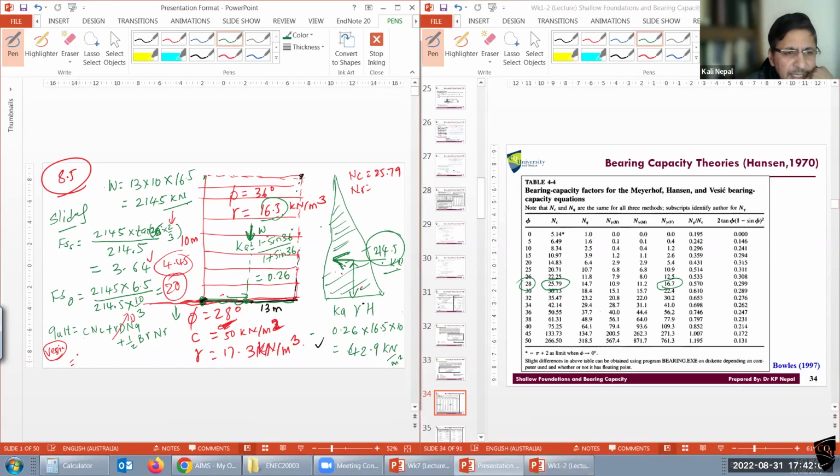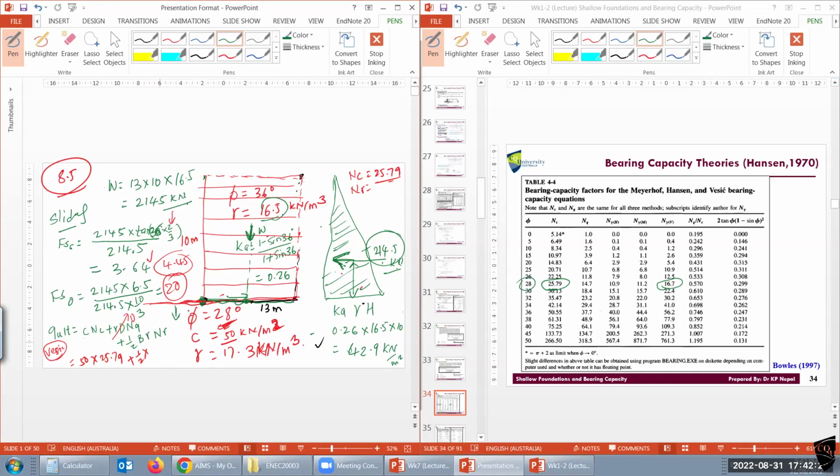Okay, so now can we do c? How much c there? 50. How much is Nc? 25.79, plus the second term is half B. What is the width of footing? How long is that? 13.